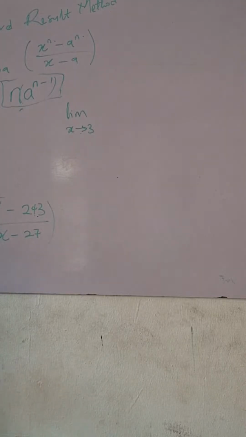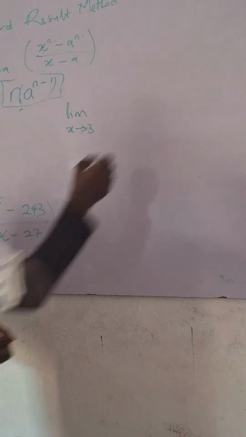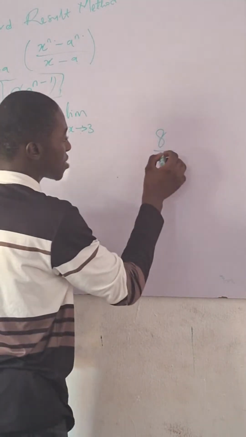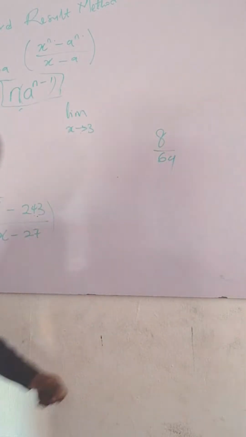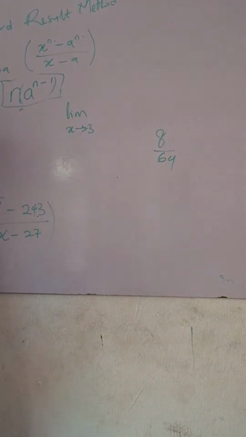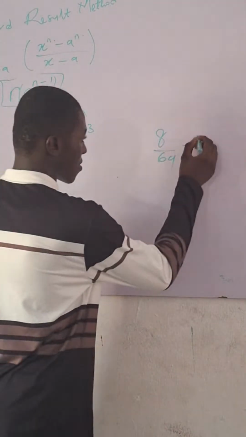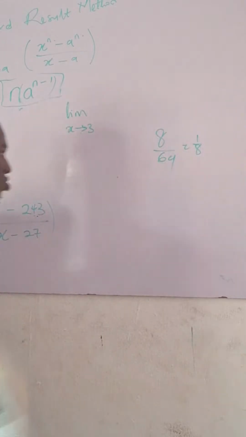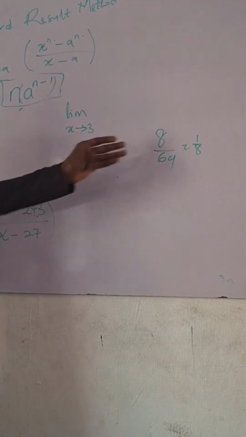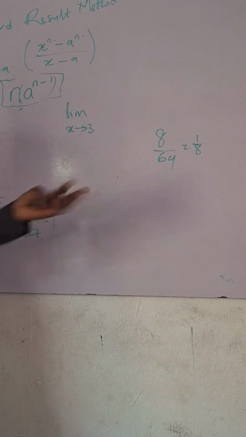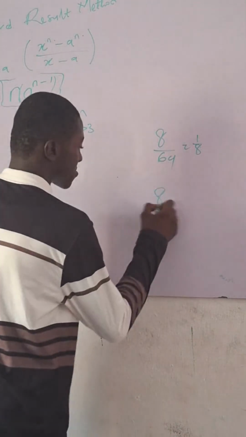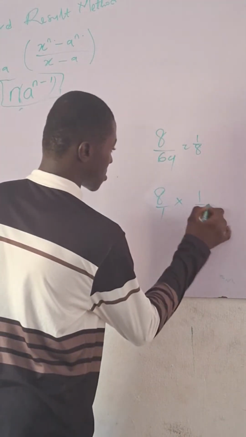So now, before we get to this place, we know that 8 over 64 is what? Is 1 over 8. So now I can write this in another way, and I'm not changing the question. 8 over 1 times 1 over 64.